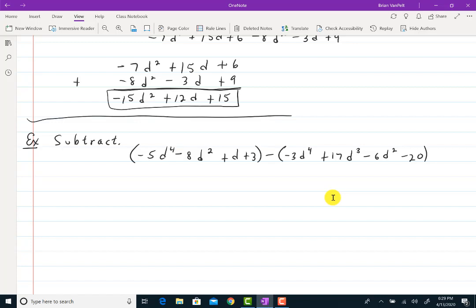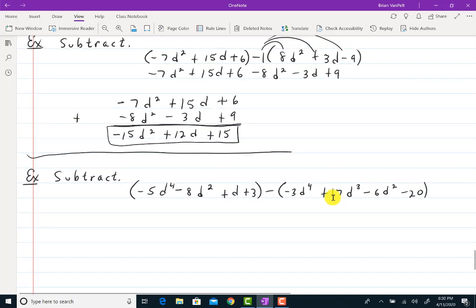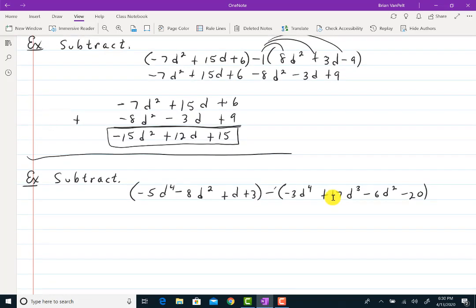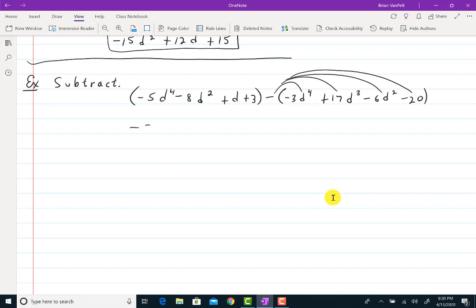And when you actually do this, don't forget to apply this negative to all four parts of the second polynomial. So that'll give me negative 5d to the fourth.